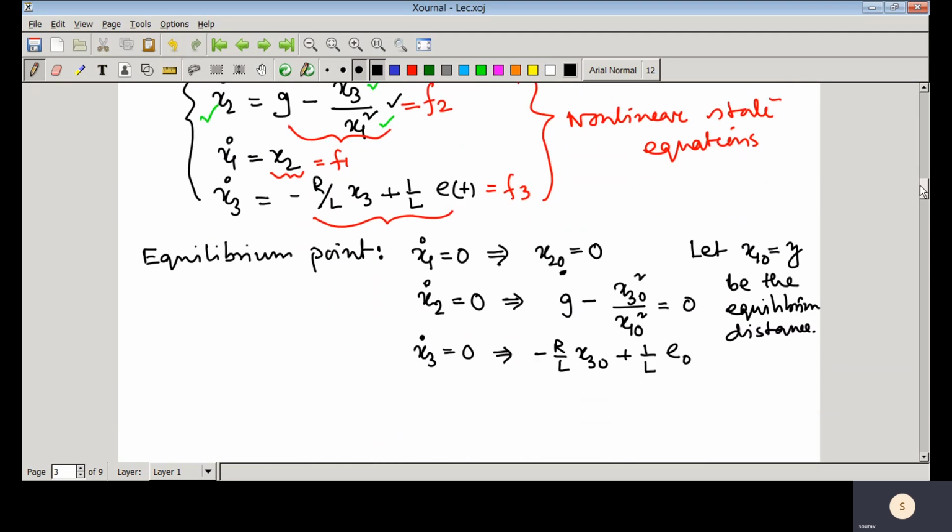So we assume that x1 0 is equal to 5 centimeter, the equilibrium distance. Then from this particular equation you can see x30.